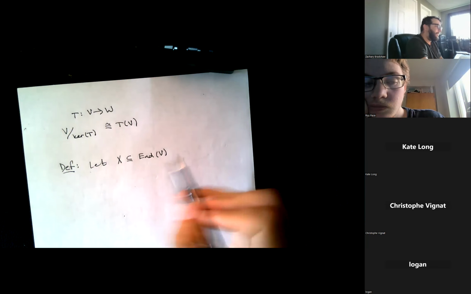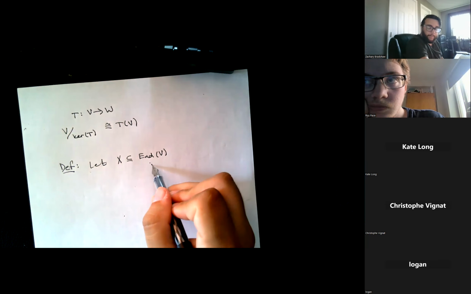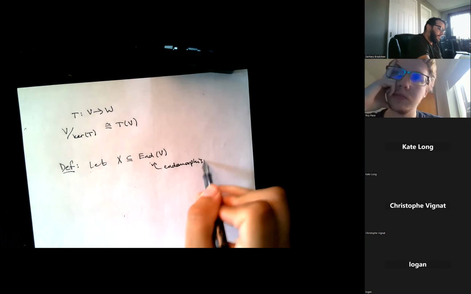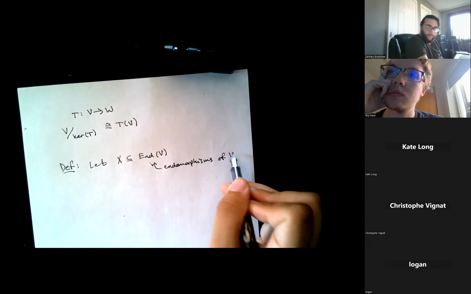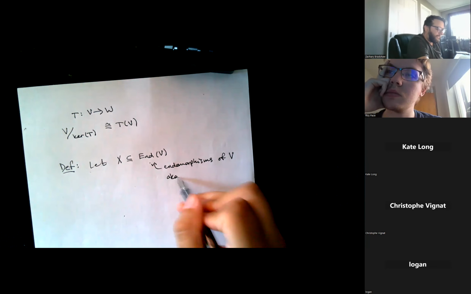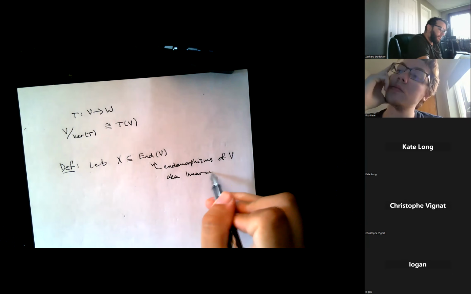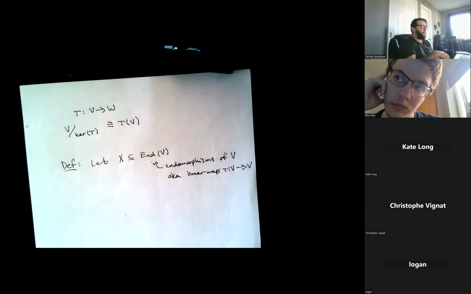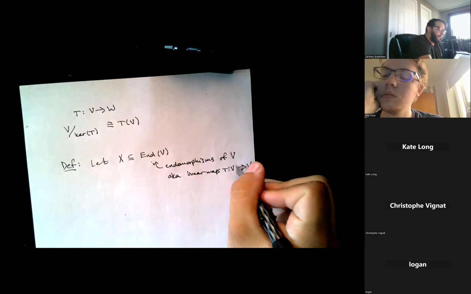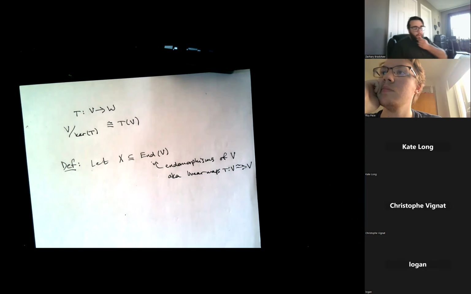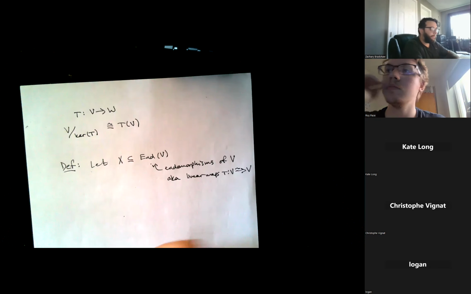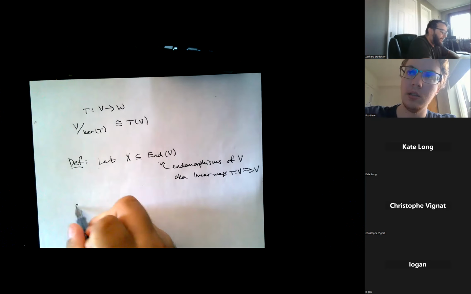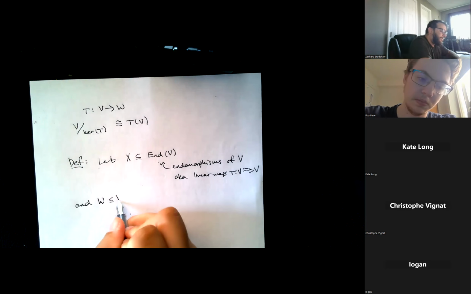Actually, it's a ring, but this is the endomorphisms of V, which is another way of saying linear maps from V to itself. Okay, so let X be a subset of all the linear maps from V to itself. And let W be a subspace of V.